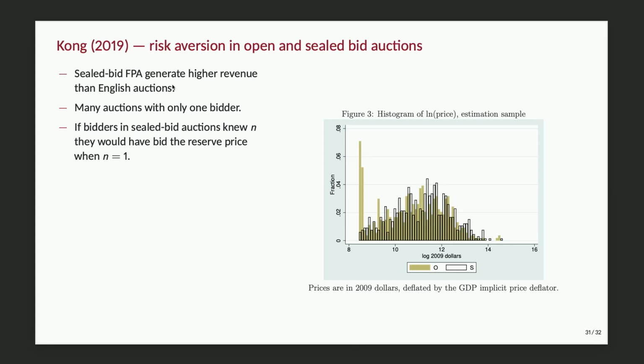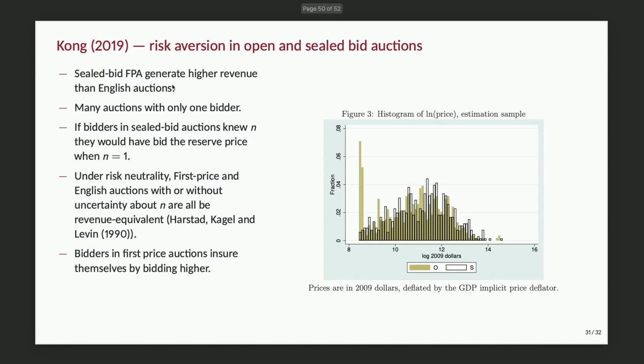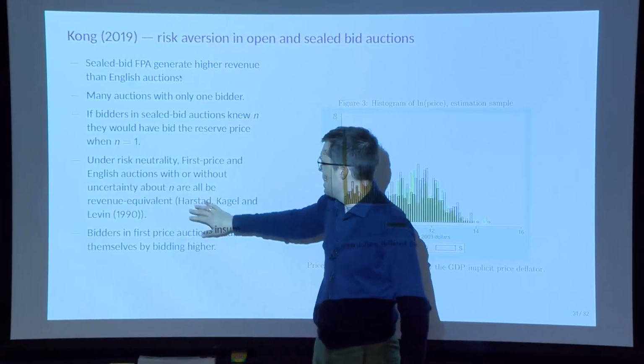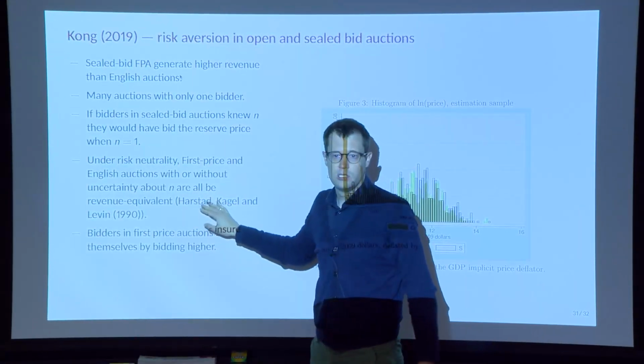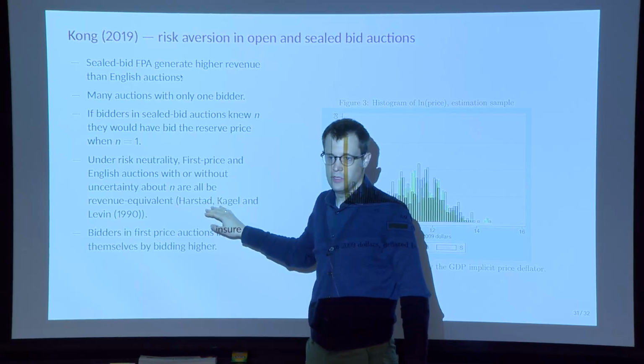Okay, so this observation, together with the previous observation that the revenue for sealed bid auctions seems to be higher, leads Yunmi to conclude that risk aversion is probably the explanation for this.